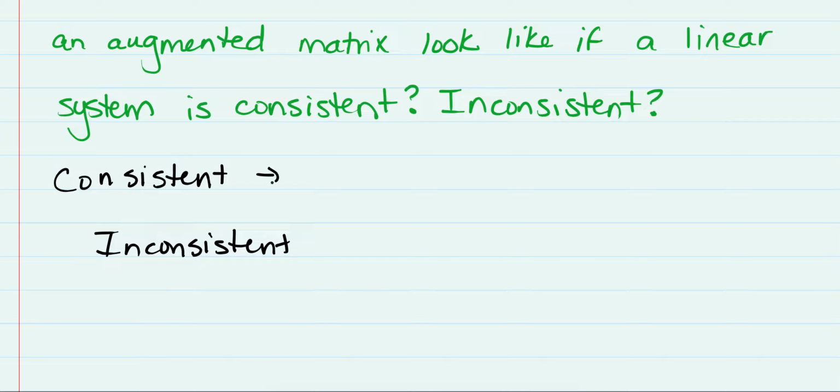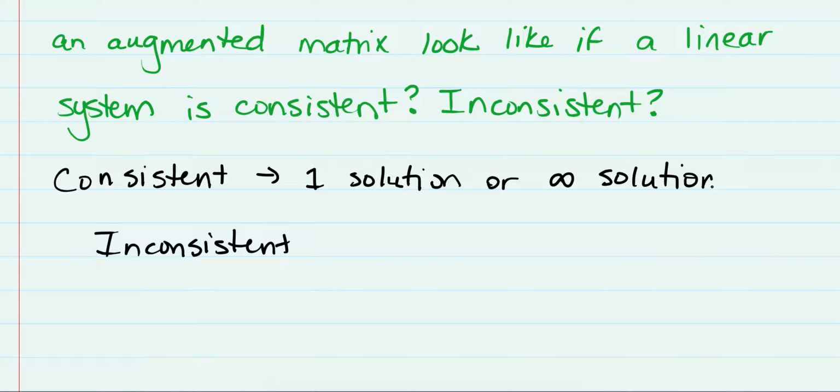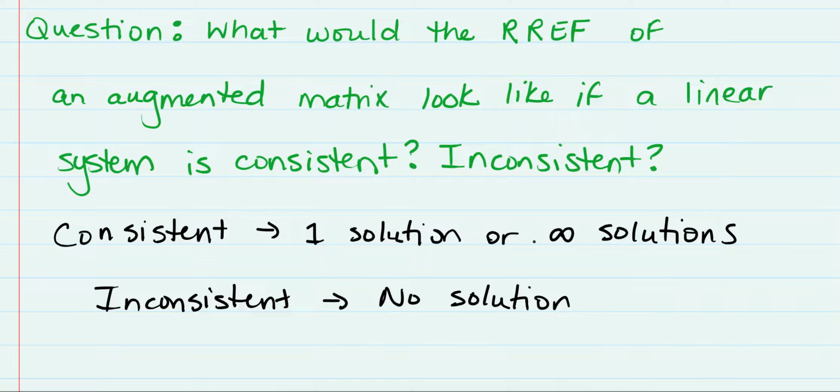Consistent means there's one solution or infinitely many solutions. And inconsistent means there's no solution. And an augmented matrix, remember, is a matrix that separates the last column from the rest of the matrix.